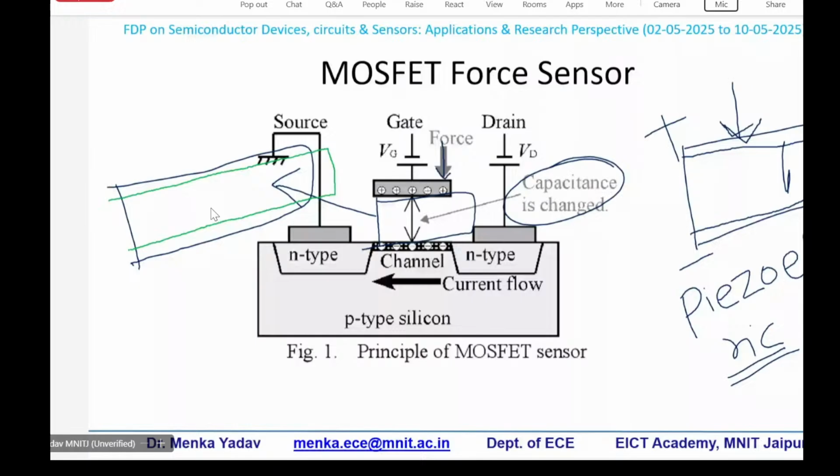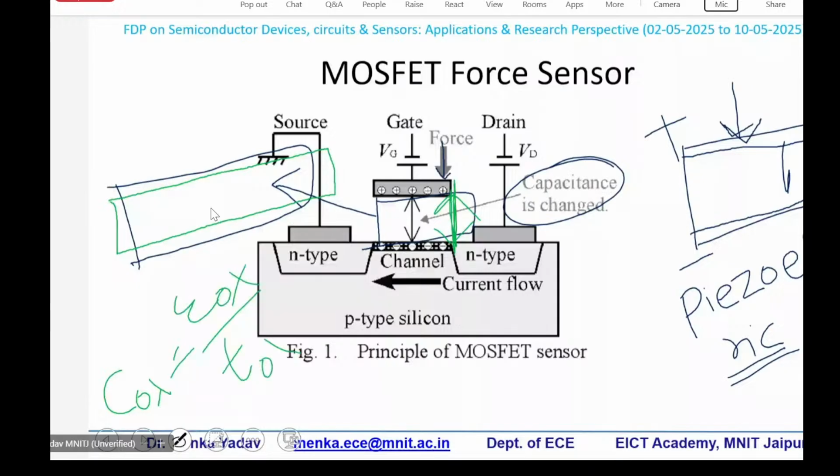If it is deformed, you can see over here the thickness between these two terminals has changed. If the thickness between these two terminals has changed, can I say that the effective capacitance has changed? Because what is Cox? Cox is the capacitance per unit area, epsilon ox upon tox. If the thickness is modulated, the capacitance is also modulated.